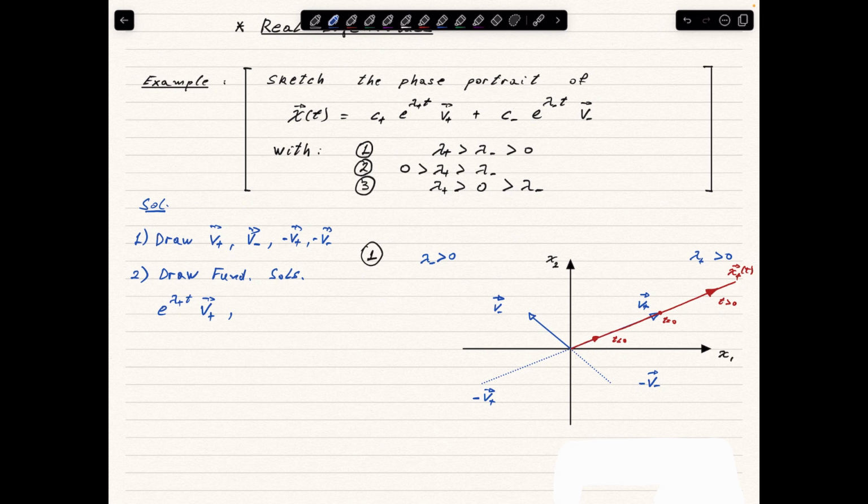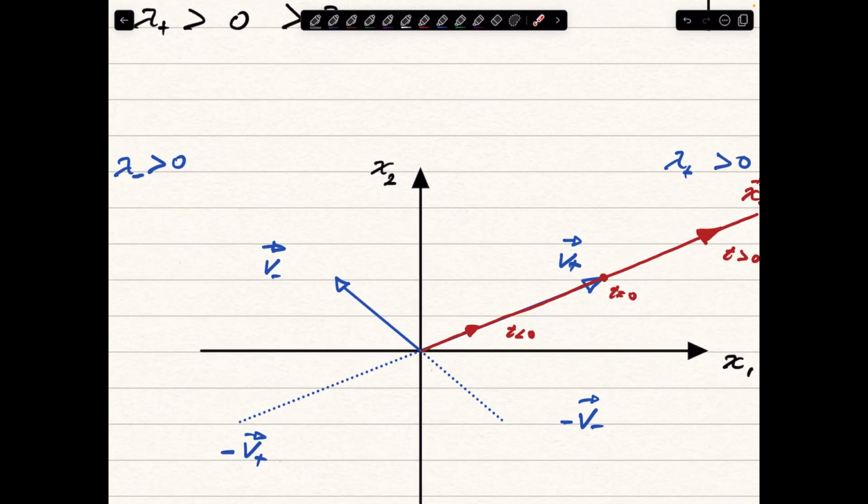What about the other fundamental solution, exponential lambda minus t v minus? Recall that we are assuming that lambda minus is also positive, smaller than this value, but still positive. So the general behavior of this solution is going to be the same, a half line in the direction of v minus. The solution is going to be something like this, a straight line in the direction of v minus.